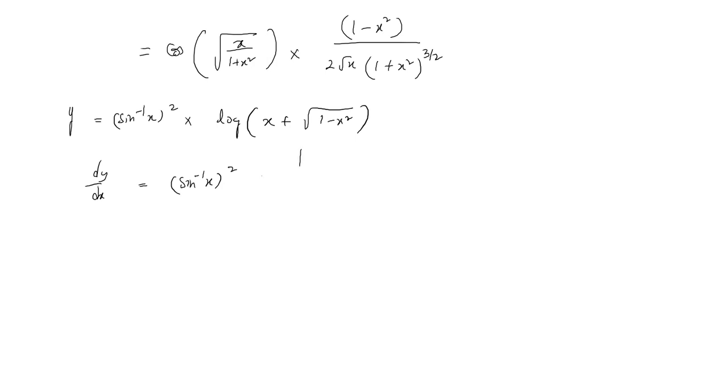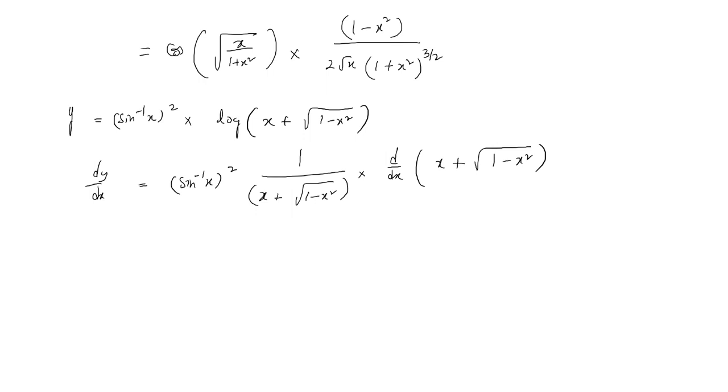Okay, and differentiation of log x is 1 by x, so this is 1 divided by (x plus square root of 1 minus x square) multiplied d by dx of (x plus square root of 1 minus x square).